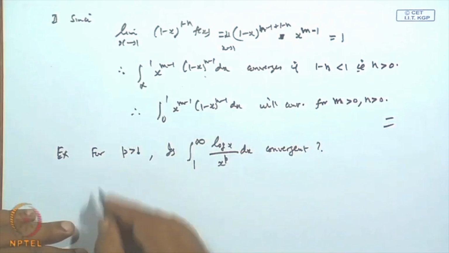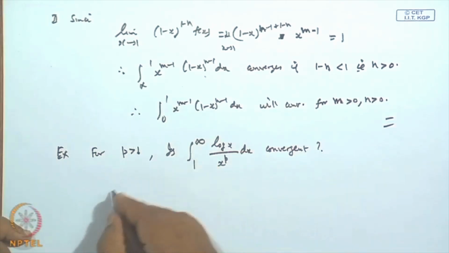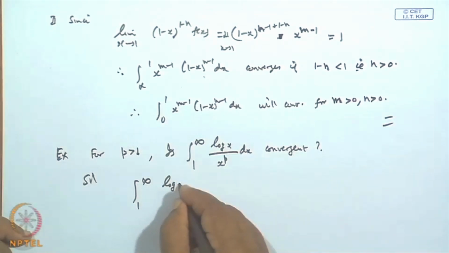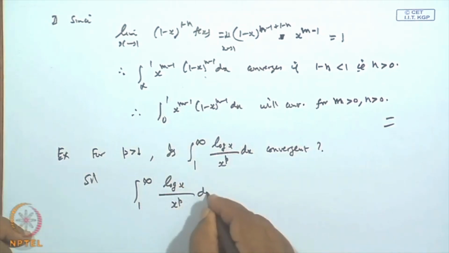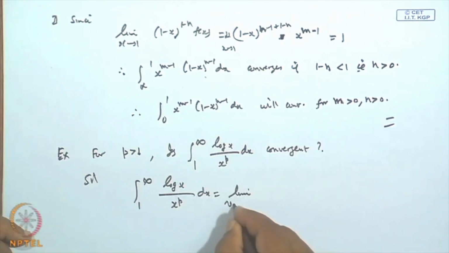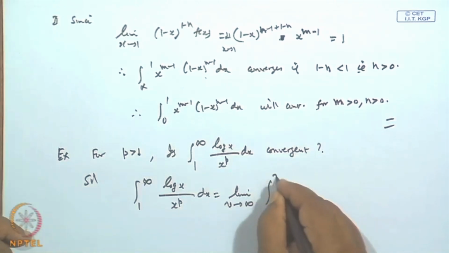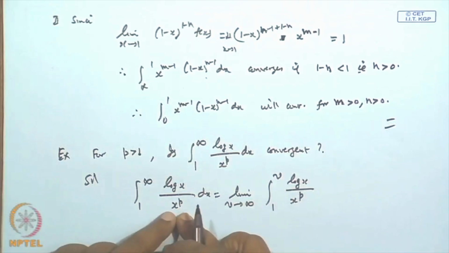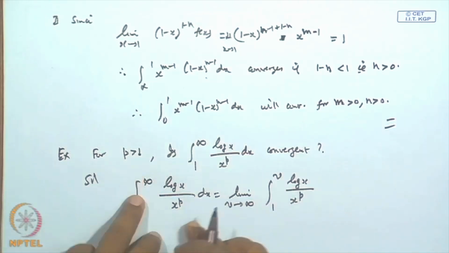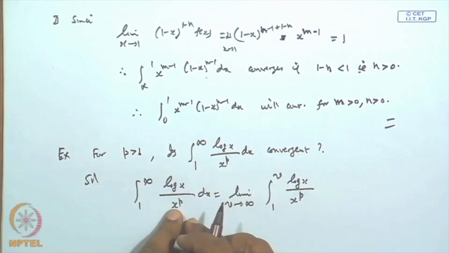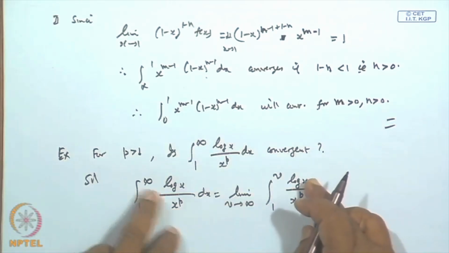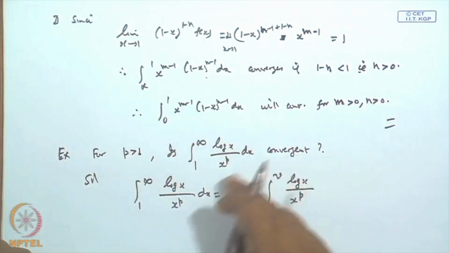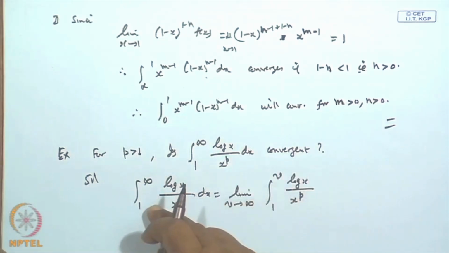We can write it as the limit as v tends to infinity of the integral from 1 to v of log x over x to the power p, because x varies from 1 to infinity. It is well defined at this point; 0 is not available. Only when x tends to infinity is it improper. If this limit exists, then we say the integral is convergent.